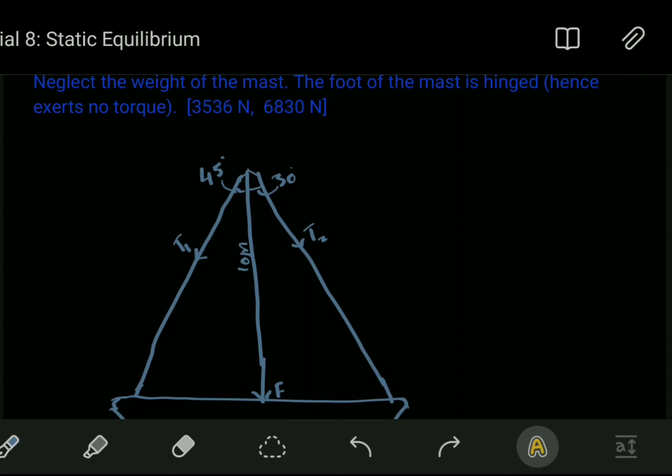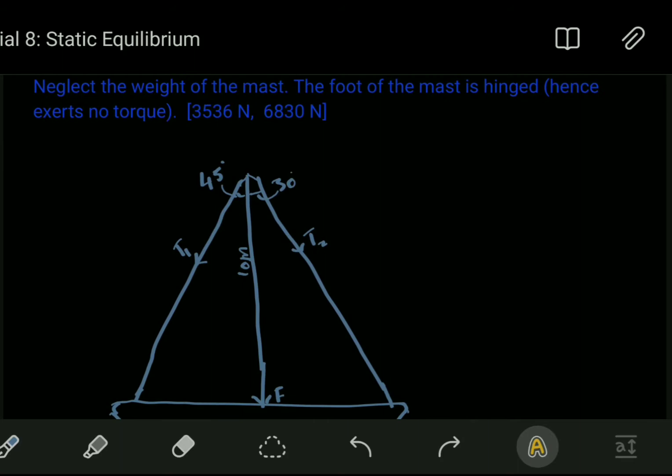Okay, so for this system we have to consider the second condition of equilibrium, which requires that the vector sum of the torques for this particular system must equal 0. Therefore, we are going to consider the torque on the left as well as the torque on the right, and when we sum these two, we must get 0.